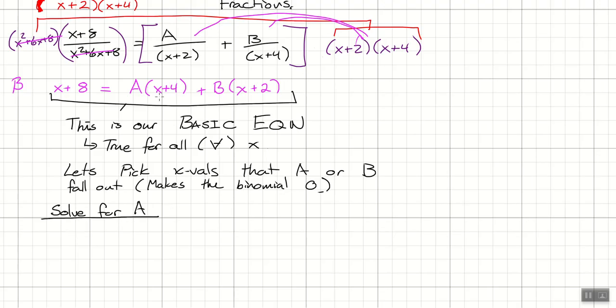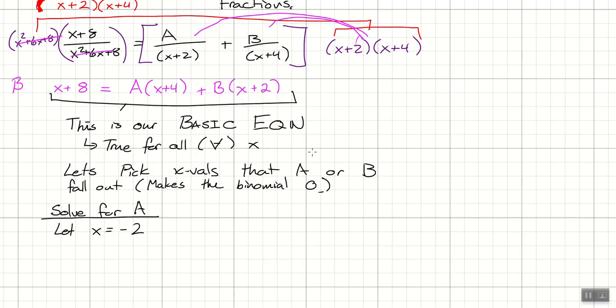To make this solvable for A, what would it be really handy if we had fall out? So there's no exponents here, right? But if we had B just go to 0, that'd be really easy to deal with, right? Solving for A is the same thing as let's eliminate the B term. What eliminates B? -2?